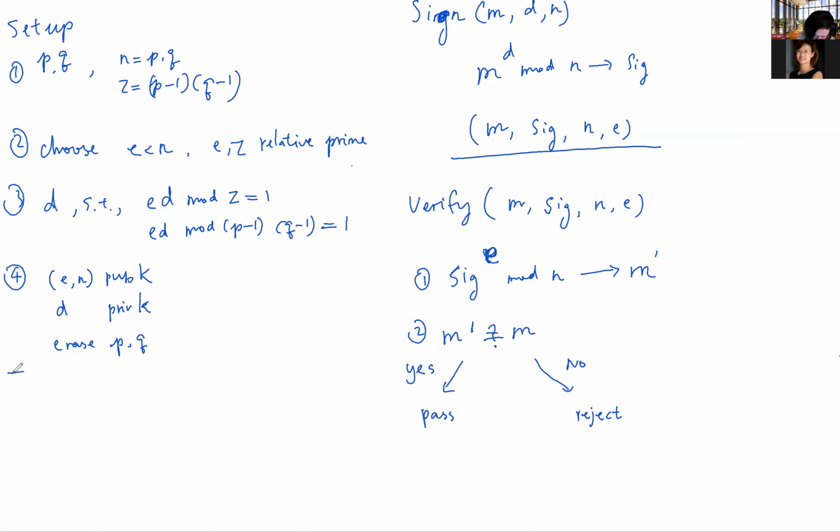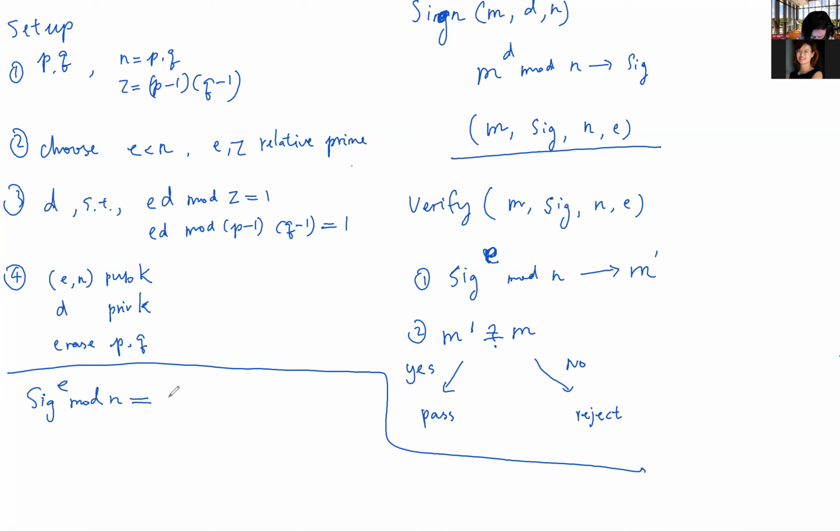And then you can, of course, verify the correctness, because if the message is not tampered with, what you get should be equal to M. So let's plug in what sig is. Here we said sig is equal to M raised to the power of D. Right, so this is just according to the definition of sig.